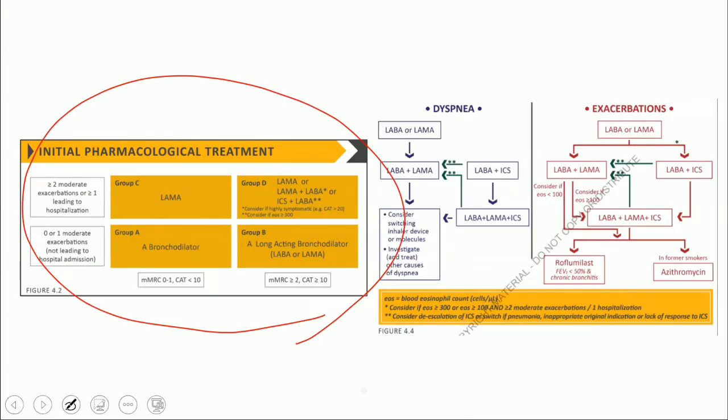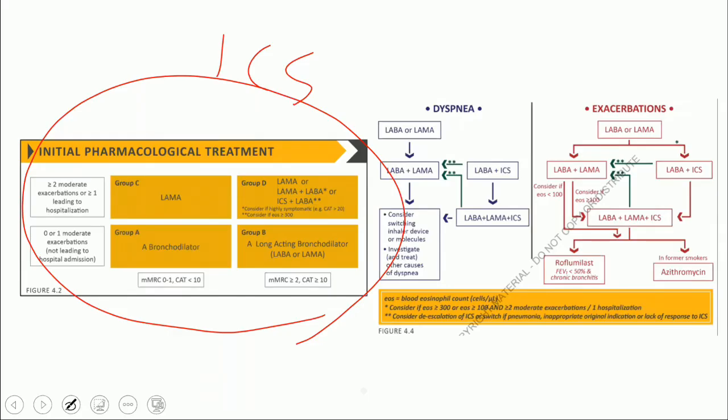And I want to make a small point here. The role of inhaled corticosteroids, which are given liberally in asthma, is in COPD limited to people who have exacerbations and a high eosinophil count of more than 300. Right?